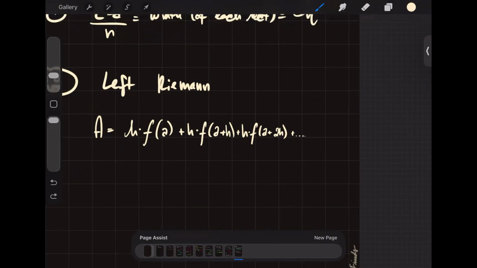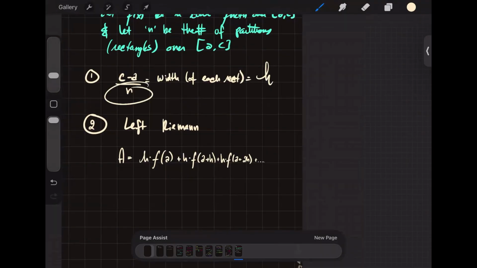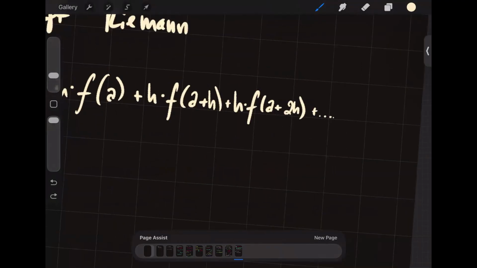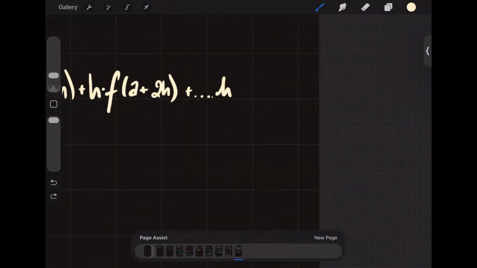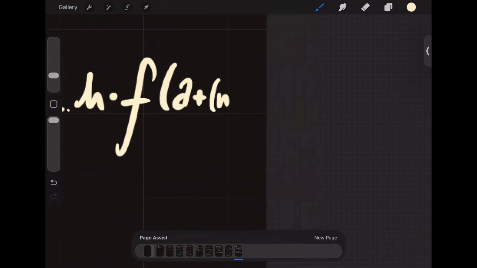You see what I'm saying? So instead of saying you have f of a plus n times h, you want n minus 1 times h, because this is the first rectangle, even though it's 0 times h. So you have h times f of a plus n minus 1 times h.